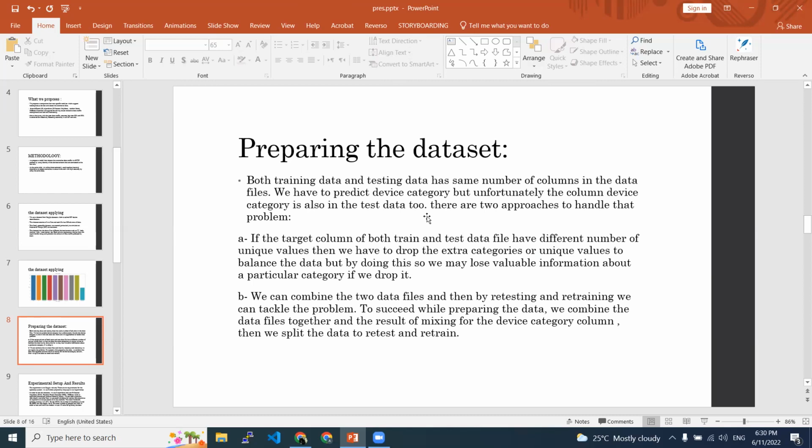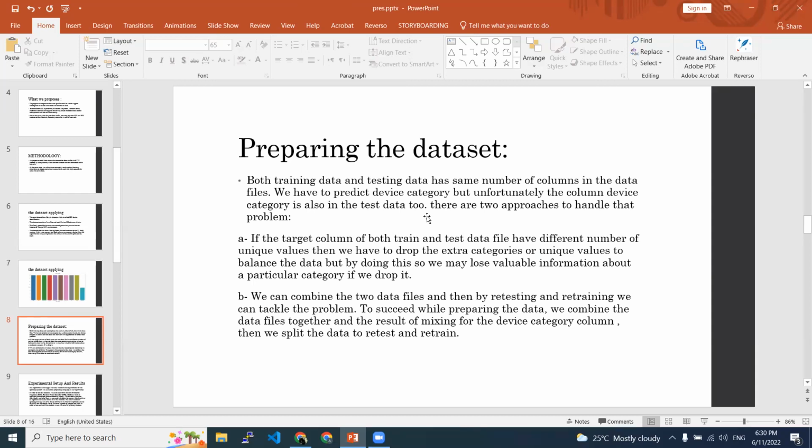There are two approaches to handle this problem. If the target column of the training and testing data files has a different number of unique values, then we have to drop the extra categories or unique values to balance the data. But by doing this, we may lose available information about the particular category if we drop it.